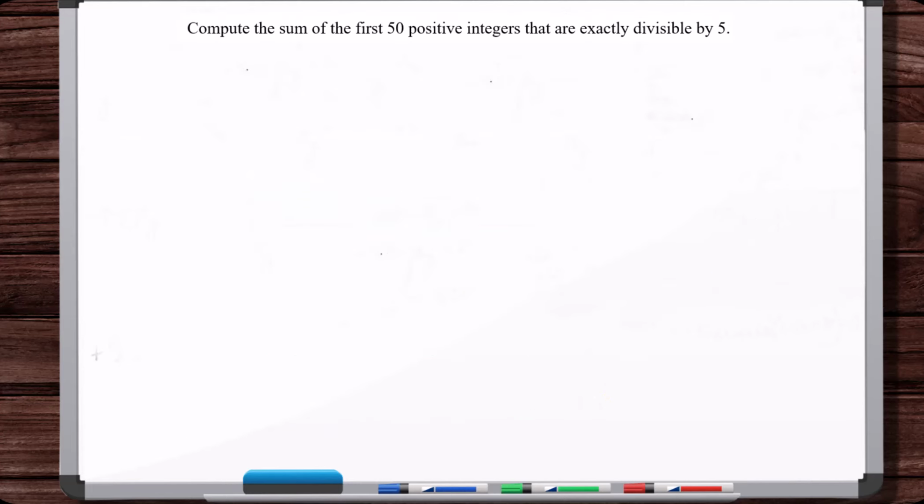Okay, last problem. Compute the sum of the first 50 positive integers that are exactly divisible by 5. The first 50 positive integers. Okay, so 0 is not positive, so this sequence is starting at 5. Okay, and now for integers that are exactly divisible by 5, we're just going to keep adding 5 each time, right?